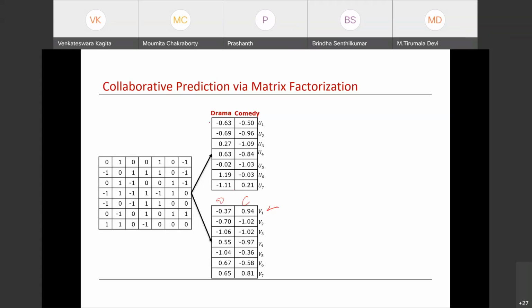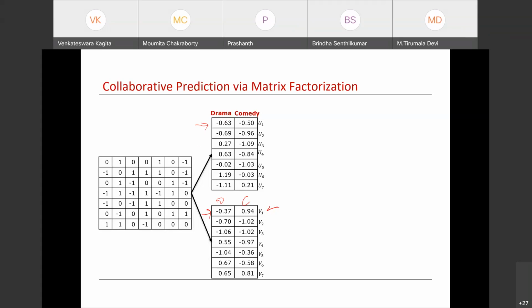When you multiply them, what happens if both are positive? You end up with a positive result. It means the user likes drama and the item also has drama content. If both are negative, it is also positive. It means the user doesn't like drama and the item also doesn't have drama content, so in that case also it is positive for the user.